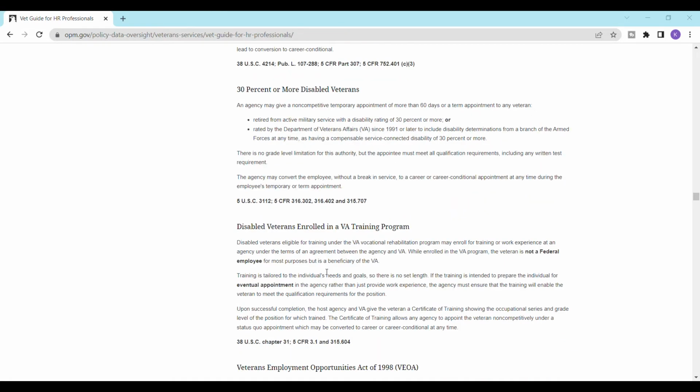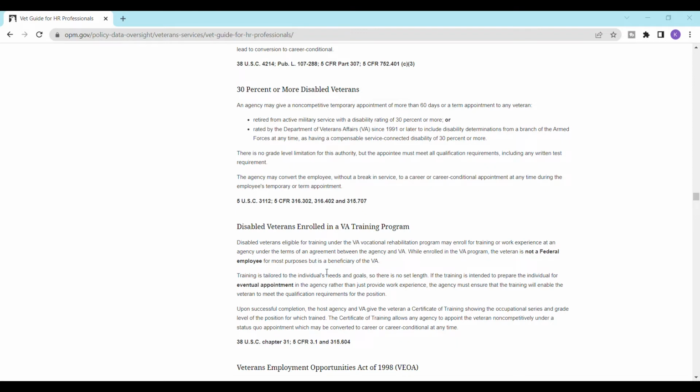Scrolling down a little bit farther is the 30% or more disabled veteran authority or status. This is anybody that's retired from active duty with a disability rating of 30% or more, or rated by the VA as service connected at 30% or more. For that, you would have a disability letter from the VA.